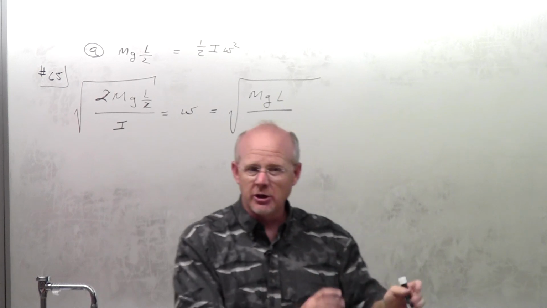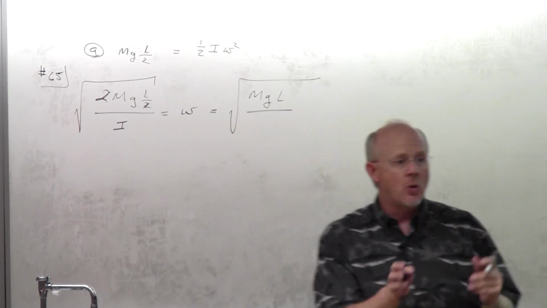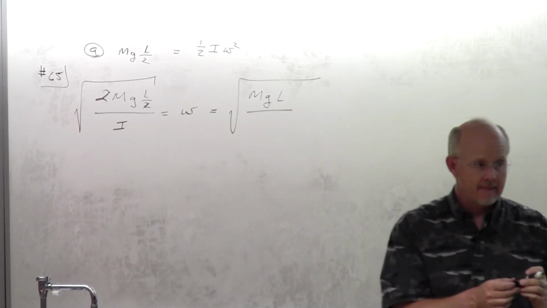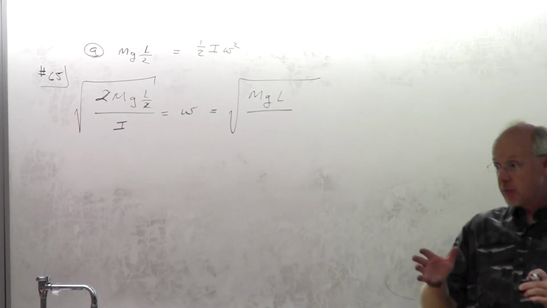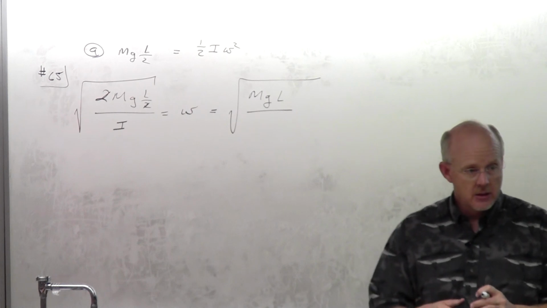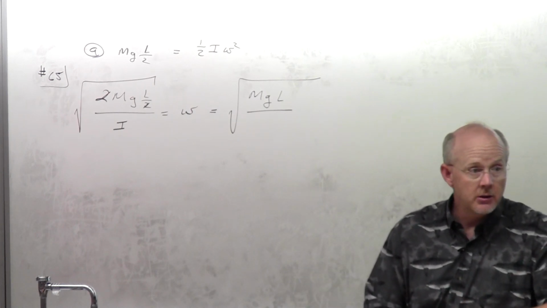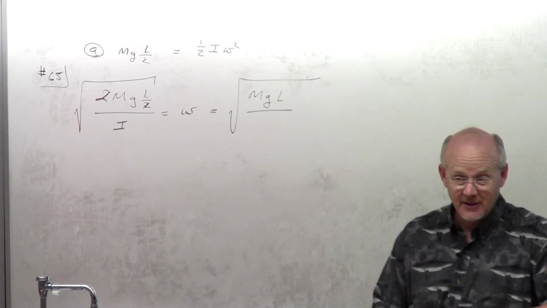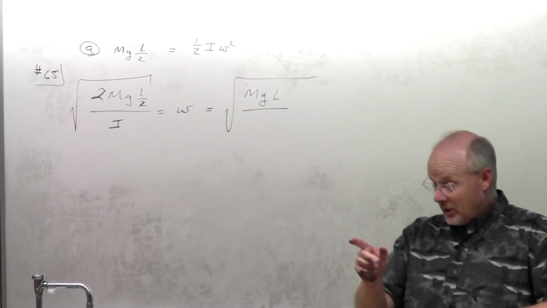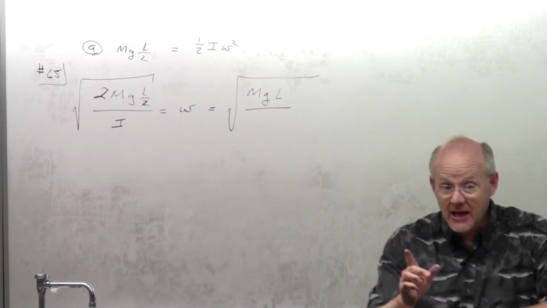What is the angular speed? But here's a tough one too. What is I? Well, we did this one for a rod, like last Wednesday. And I'm sure you committed it to memory. So what is it? It was 1/12, wasn't it? About its center.